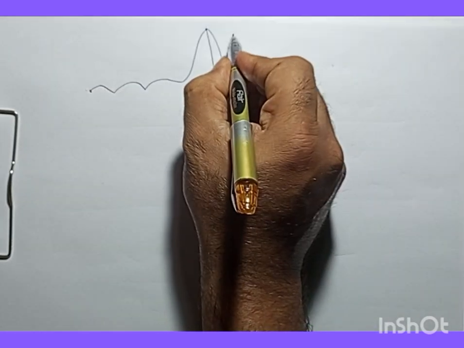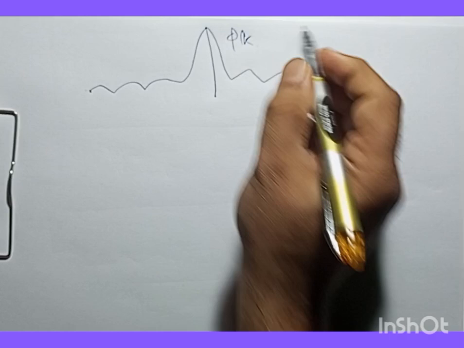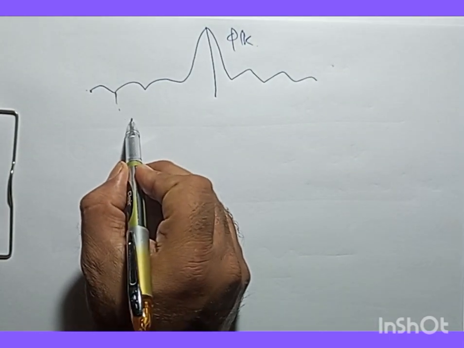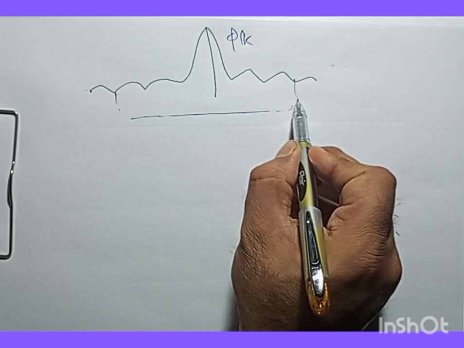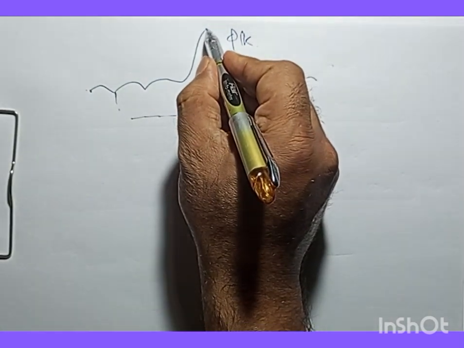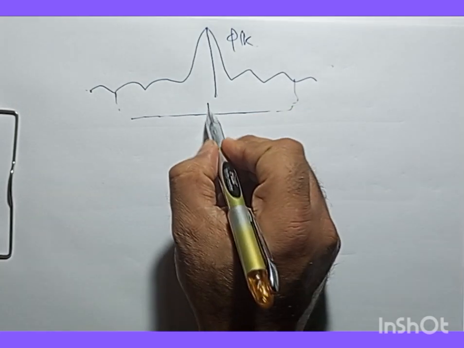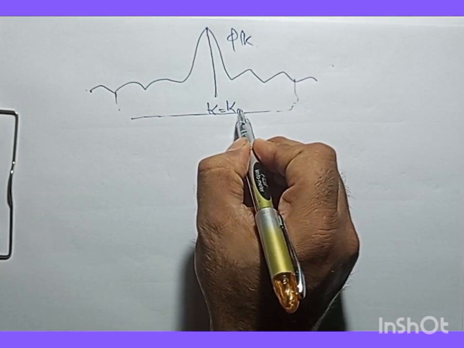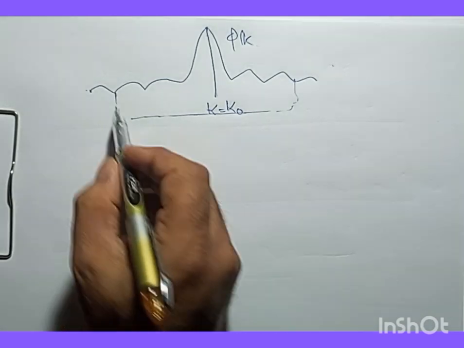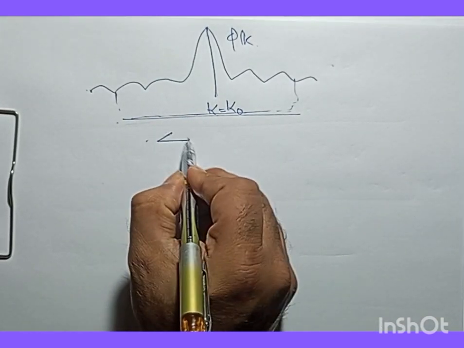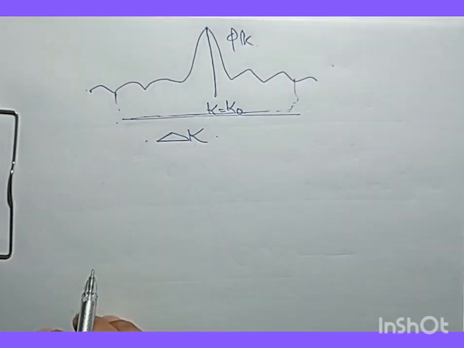This is phi of k in this case, and there is a range over which phi of k is defined. Obviously the value of phi of k is maximum at k equal to some k naught, and the width of this range of k space is delta k.